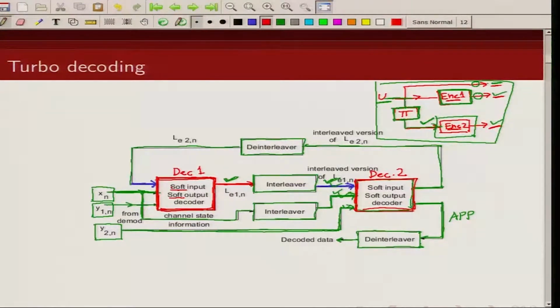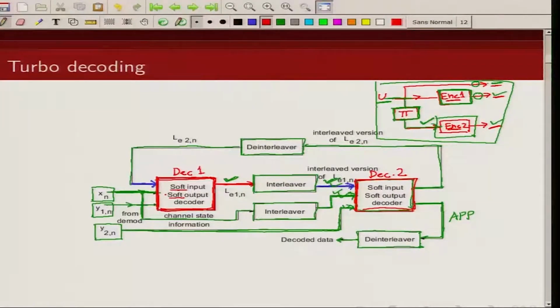Now what is the algorithm which is used inside of this? I said soft input and soft output decoder. I said input is soft, output is soft, but what sort of algorithms can we use? We can use any algorithm which can take soft inputs and give soft outputs, and one of the most commonly used is the BCJR algorithm.